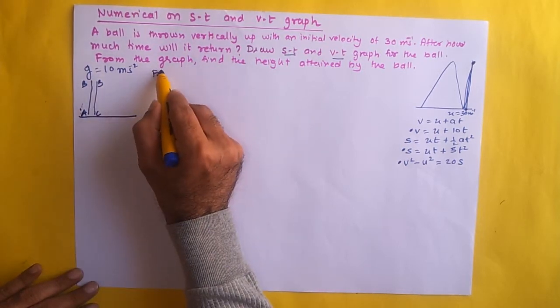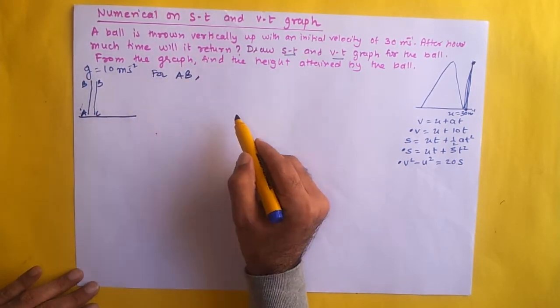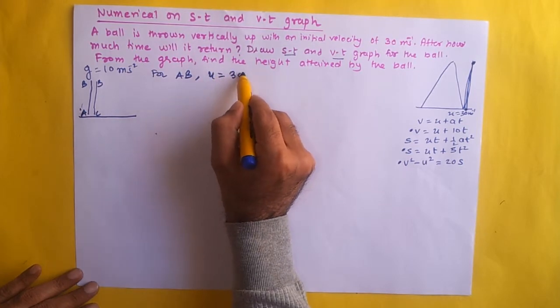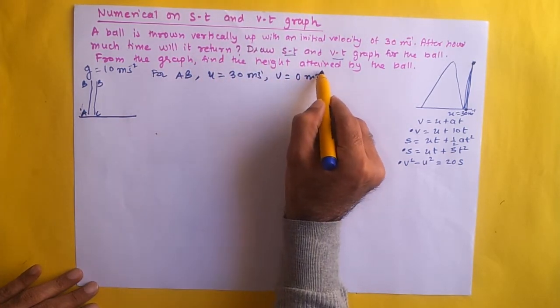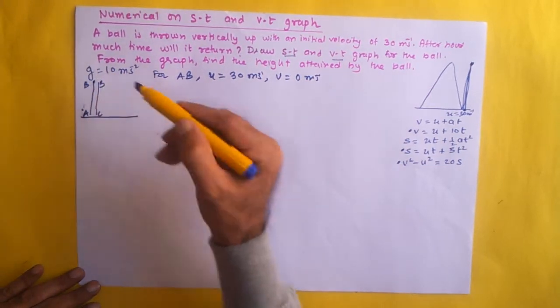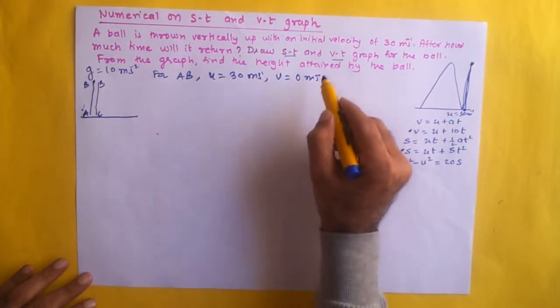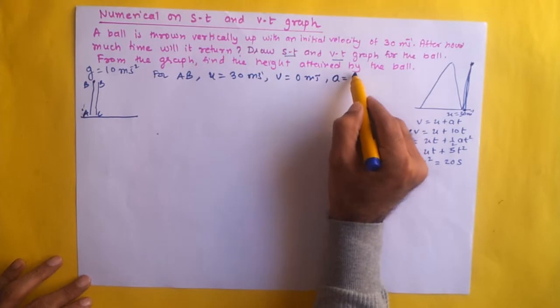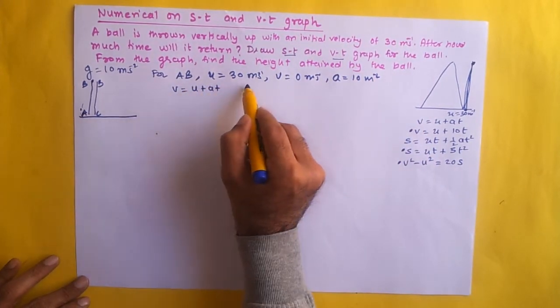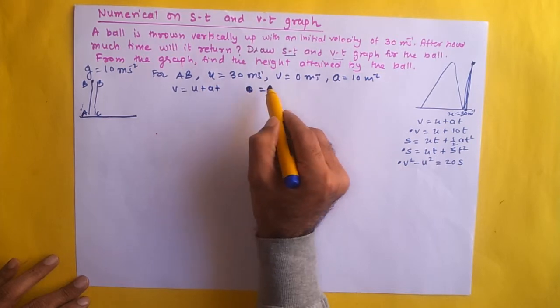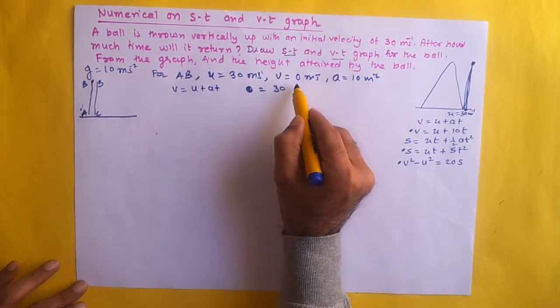So for the journey AB, u is equal to 30 meters per second. Final velocity will be 0 meters per second because it will go to the maximum height and the velocity becomes 0 over here. And acceleration for this journey is 10 meters per second squared. So if I use v is equal to u plus at, 0 is equal to 30.